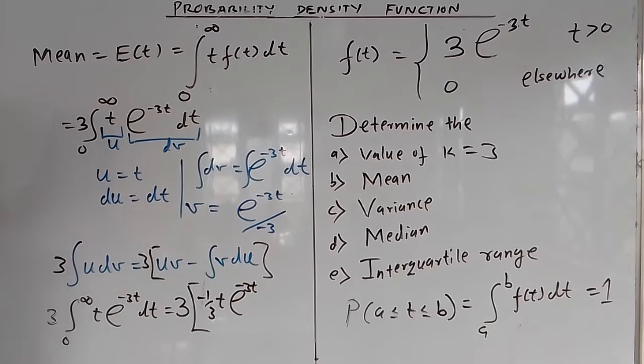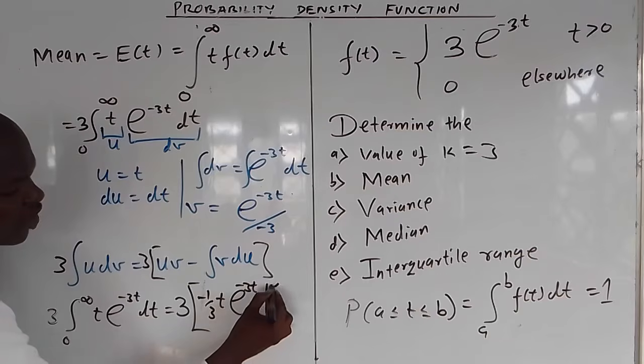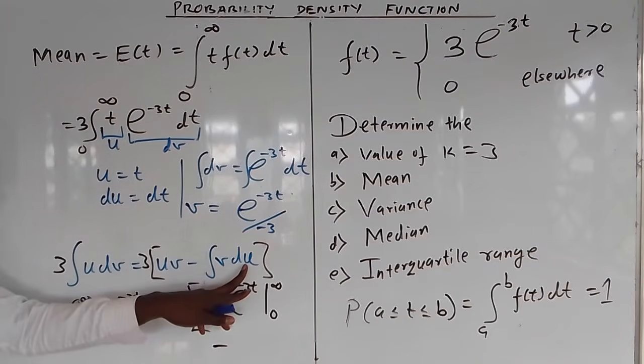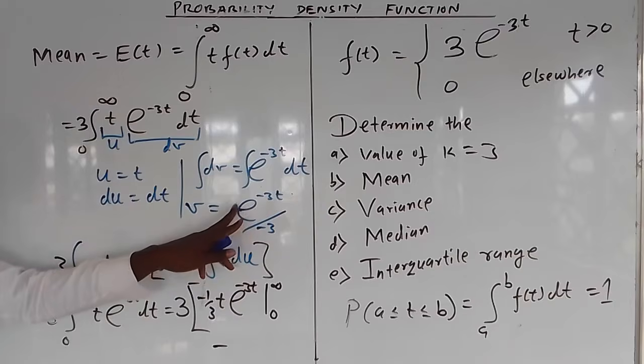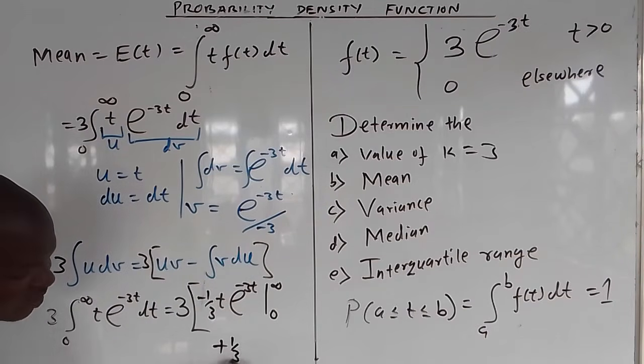Then put your limits, 0 to infinity. Then it is minus v du. What is v? Negative 1 over 3, isn't it? Negative 1 over 3 will change this sign to plus 1 over 3.